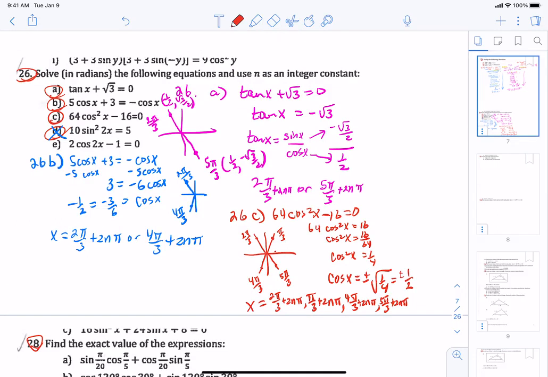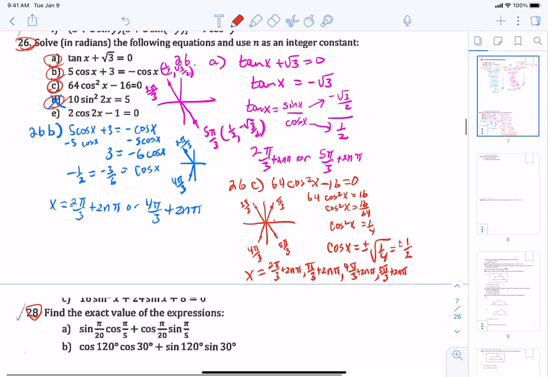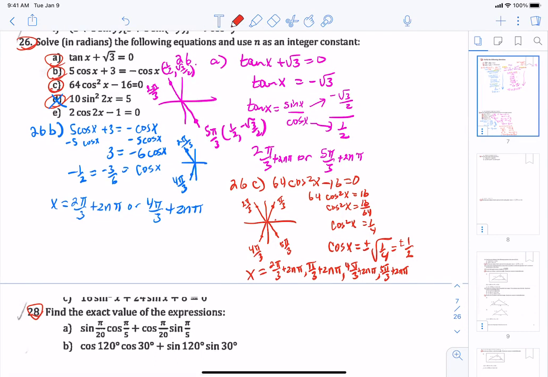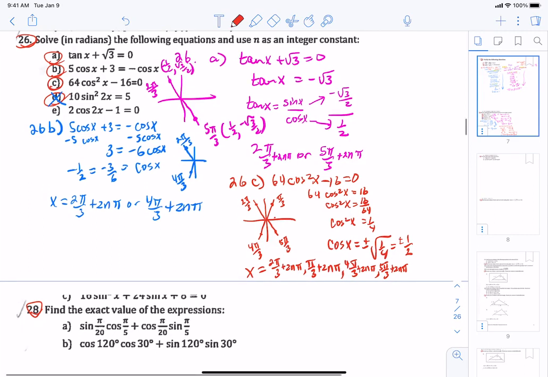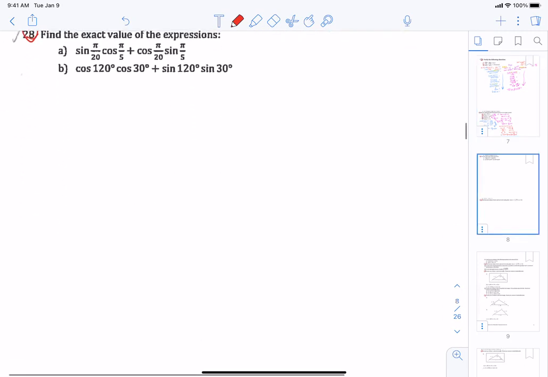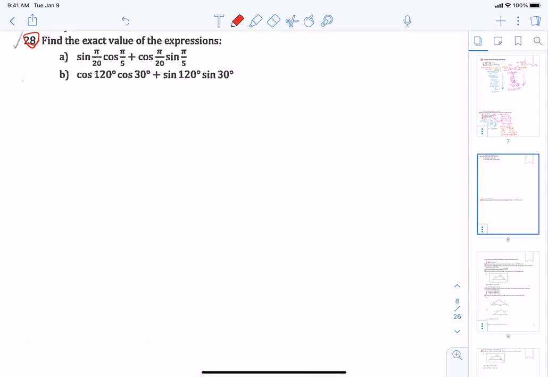Now the next problem that I had circled was 28. So if you want to look at 28, we're going to do both of those pieces. 28 says to find the exact value of that expression. If you look up on the board when you're taking your test, some of the formulas on the board are going to be your helpers.